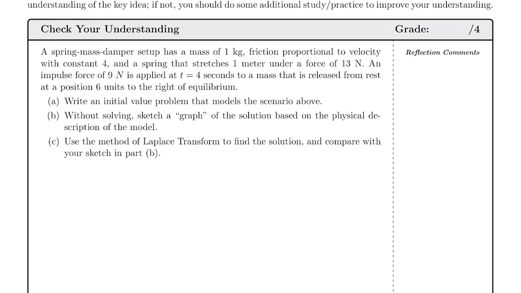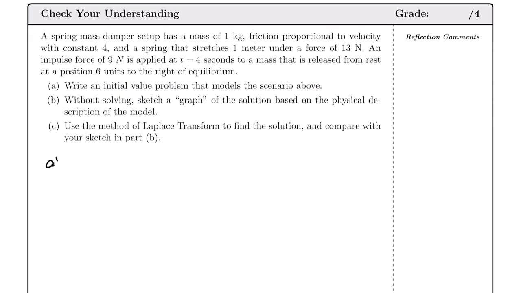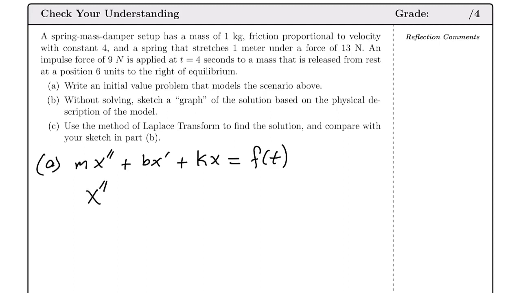So the first thing we want to know for part A is the standard spring mass damper differential equation, m x double prime plus b x prime plus k x equals right-hand side forcing terms. They've told us that the mass is 1.